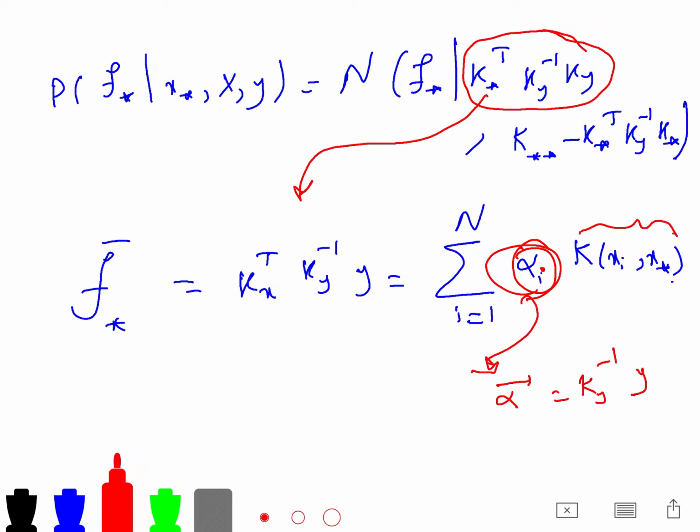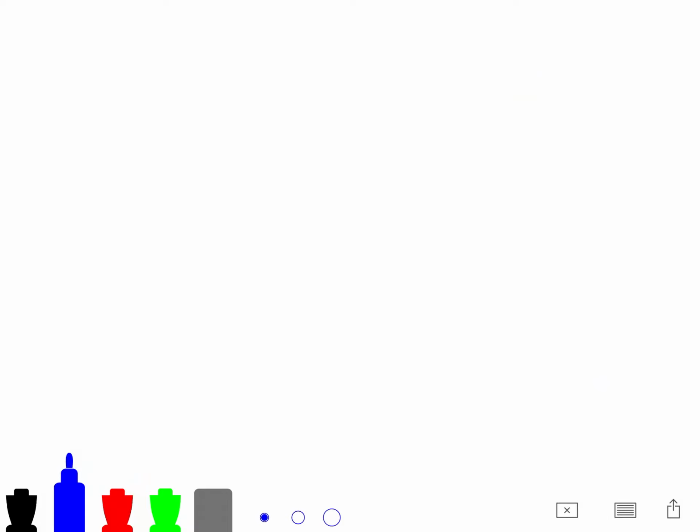So what is left is estimating the kernel parameters, and we maximize it by marginal likelihood, for example.